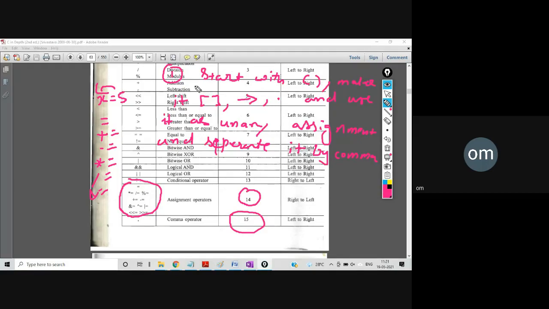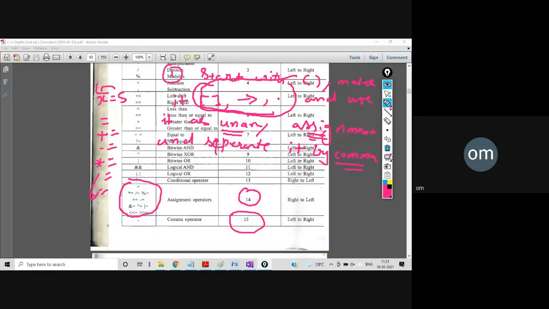Right? So first one, this one, start with round bracket, then square bracket, arrow, and dot. Then the second one is unary operator. Third, this is the 14th one, second last, assignment operator, and the last one is what? Comma operator. So we have covered these four types.